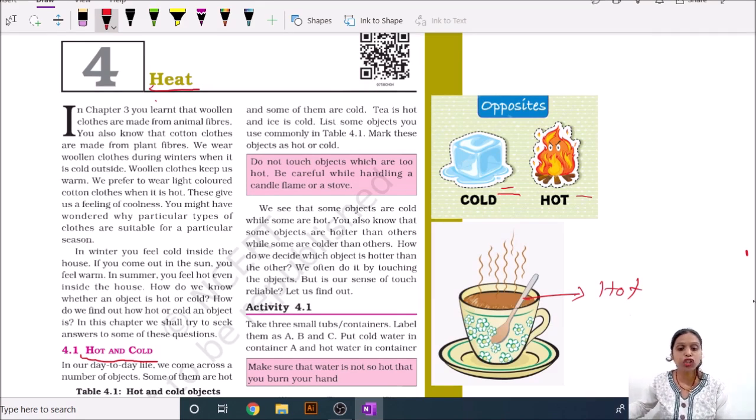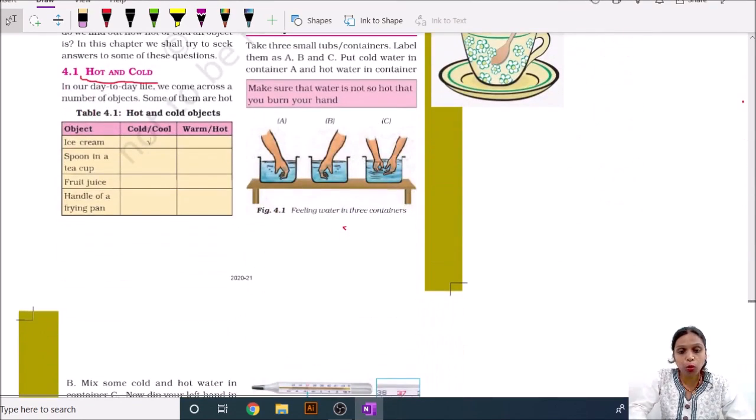In that activity, you see activity number one. You take a container filled with cold water, a second container full of warm water, and a third container in which you mix cold and warm water.